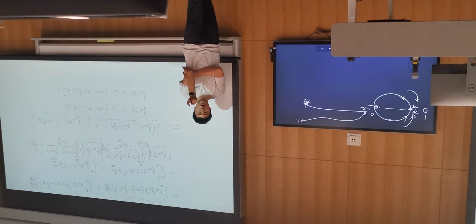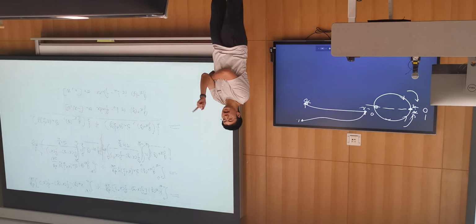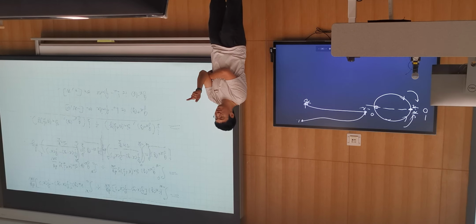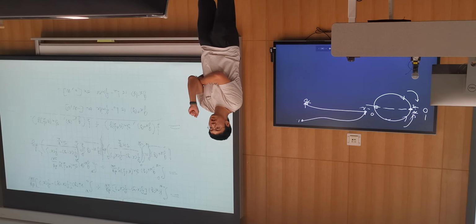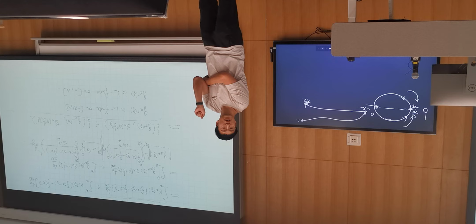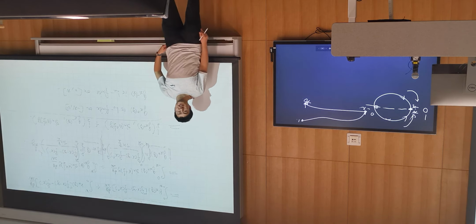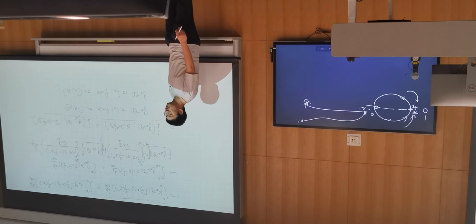When I'm choosing my y to be negative, my x minus y should be larger than x.